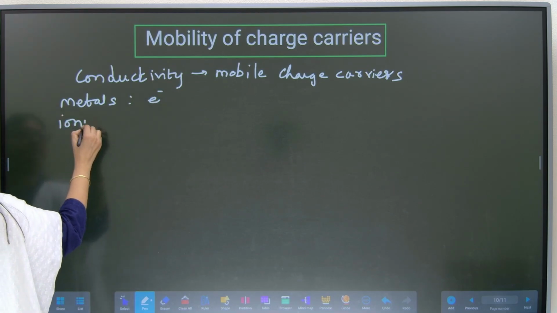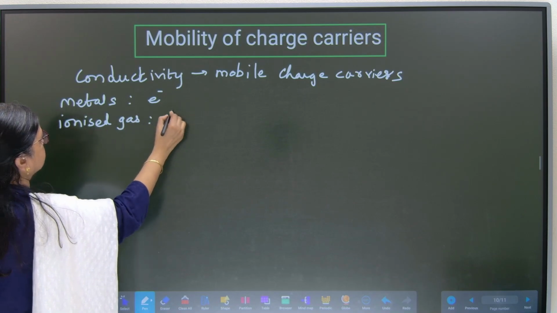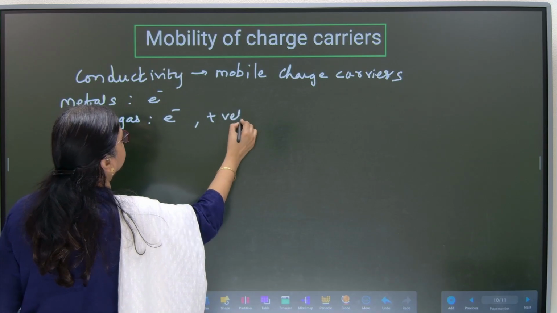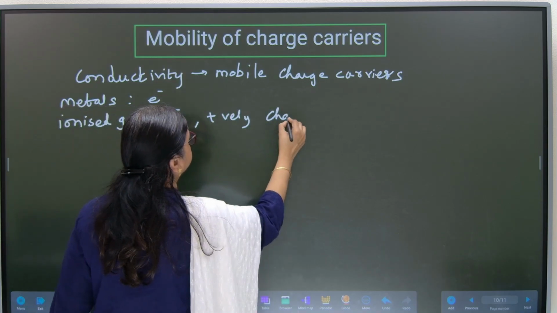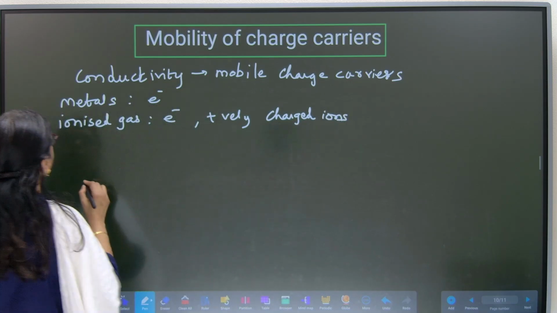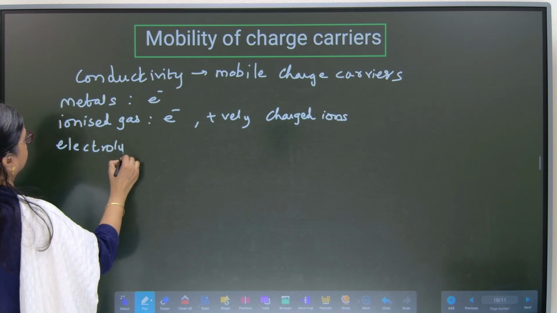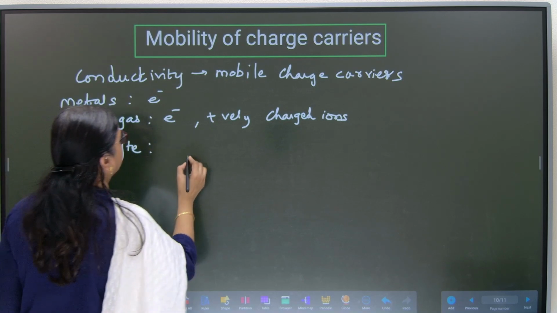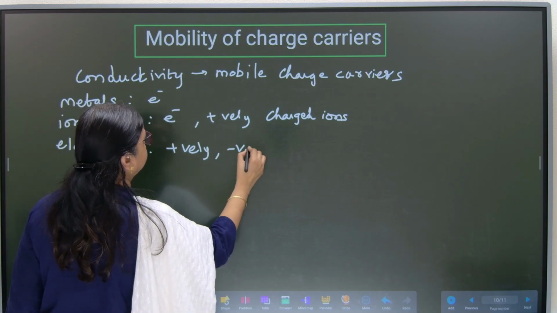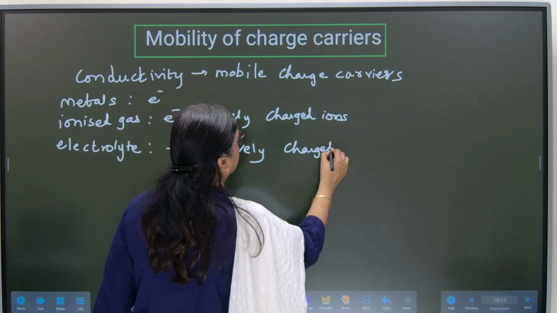For ionized gas, these charge carriers are electrons and positively charged ions. For electrolytes, these charge carriers are both positively and negatively charged ions.